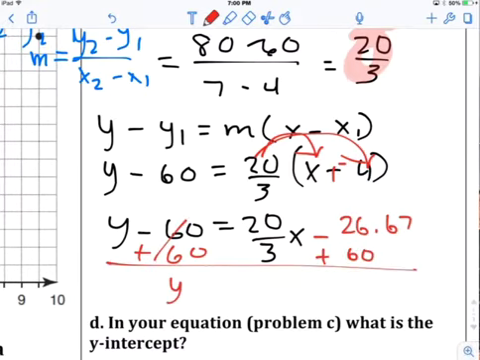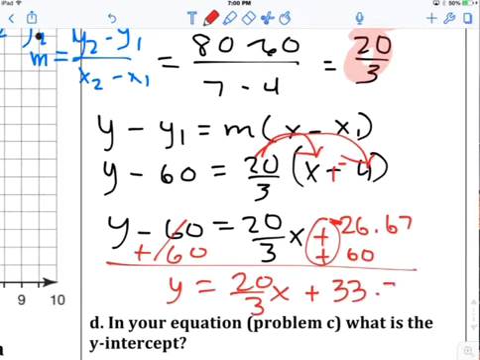You get y equals 20 over 3 x, and then 60 minus 26.67, because the signs are different, additive inverse. You get plus 33.33, right? As an answer.